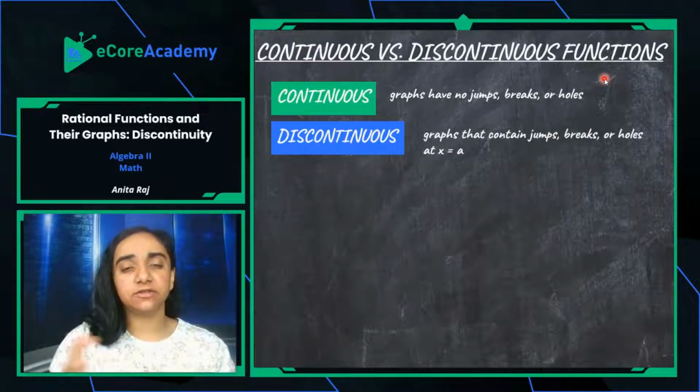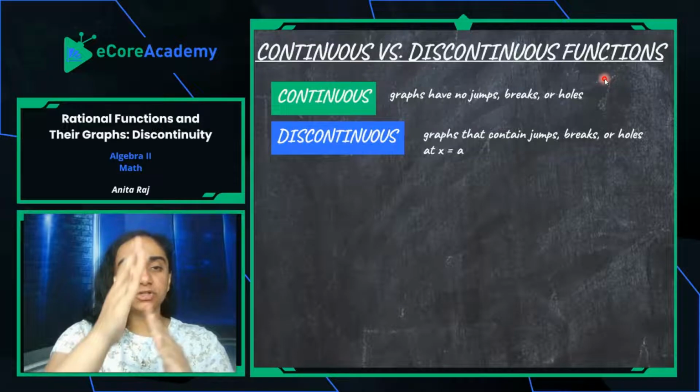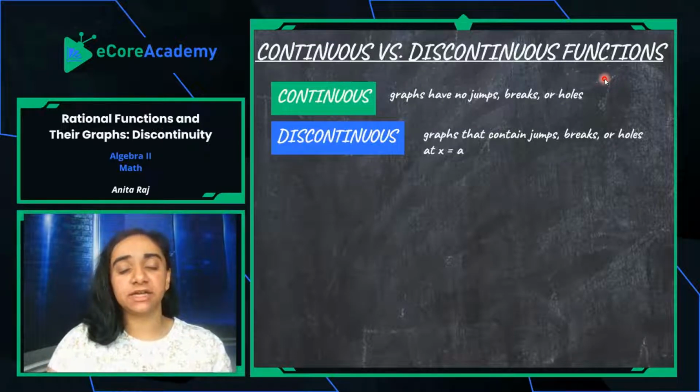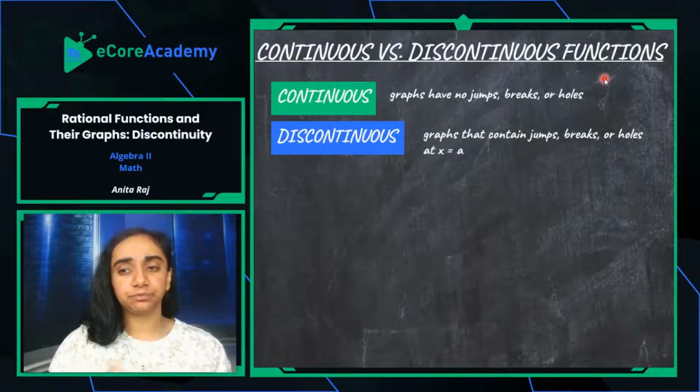If a function is not defined at every single x value, then it's not continuous, it's discontinuous. So at that vertical asymptote, because it just approaches the vertical asymptote but never intersects or touches it, there is no corresponding y-coordinate at that x-coordinate, so it's not a continuous function. It's discontinuous. Same thing with holes.